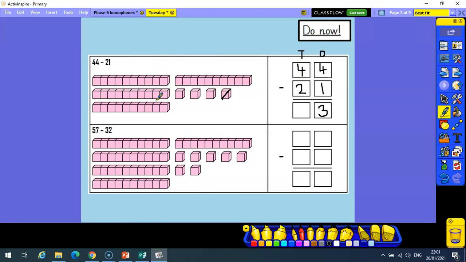So I've got 4 tens, and I'm going to take away 2. Oh my goodness me. Let's do our maths work really neatly. The same expectations at home as we do in school. 4 take away 2 leaves me with 2. So 44 take away 21 is equal to 23.